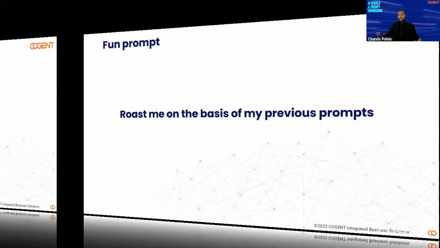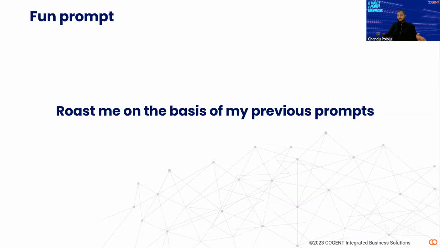Now, as for the last slide, it's a fun prompt. After the meeting ends, go to your most used AI model. Some people use Copilot, some people use ChatGPT. Go there and try this prompt: Roast me on the basis of my previous prompts.